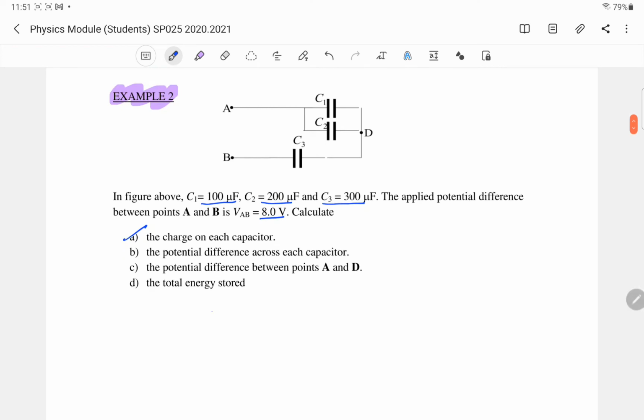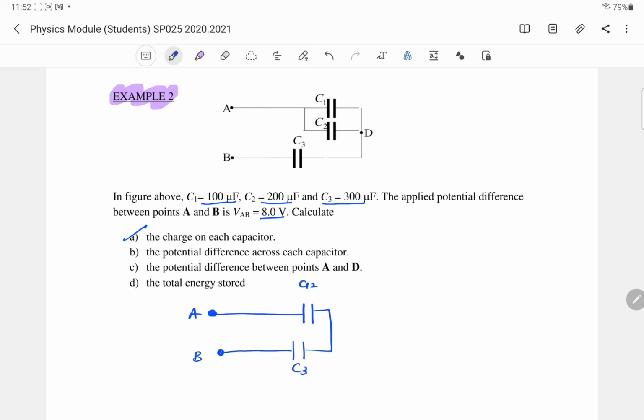Okay, we simplify the circuit. We have C1 and C2 arranged in parallel. So when arranged in parallel, kita simplifikan, we have C12. Sebab kita nak dapatkan kita punya Q. Okay, Q is charge.